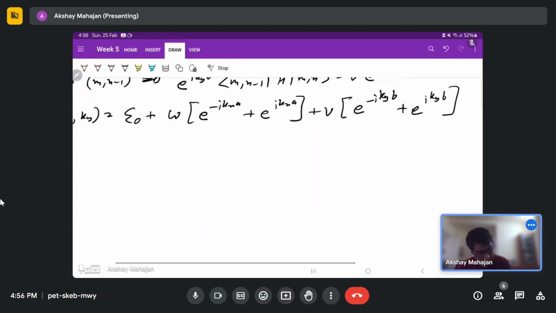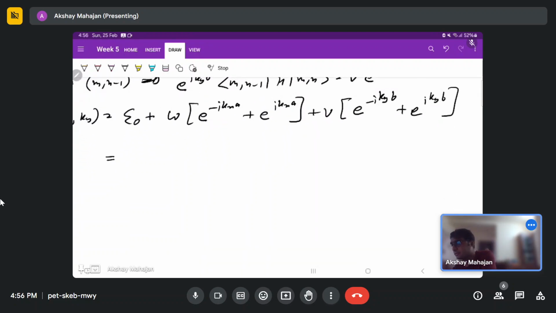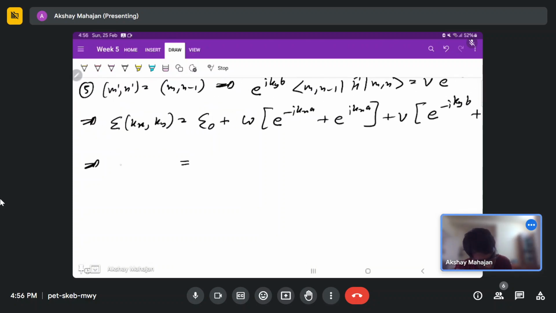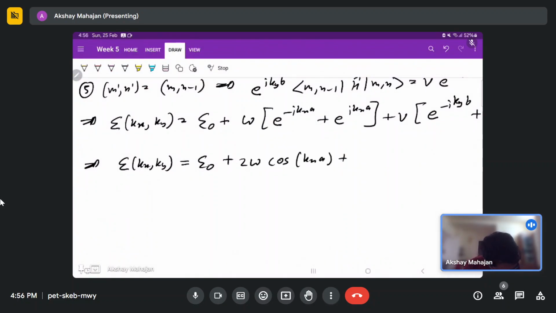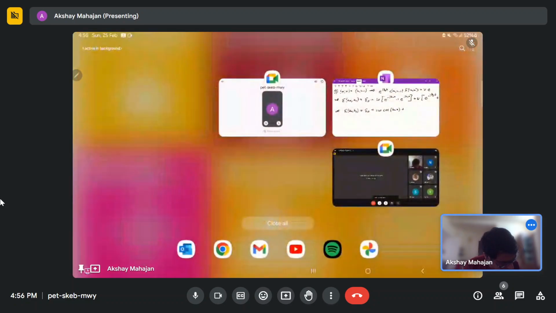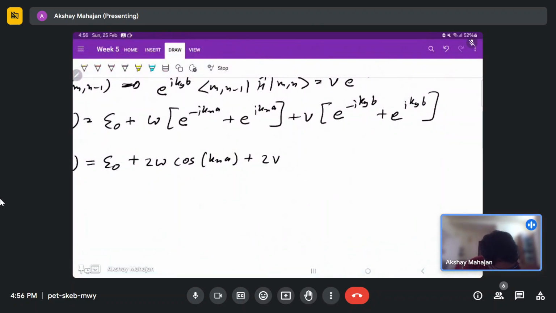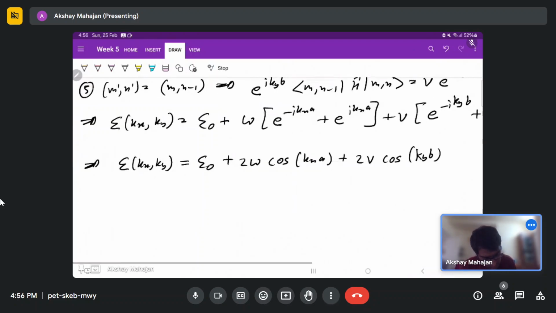Alright, so from here we get epsilon of kx comma ky equals epsilon naught plus 2w times cos of kx a plus 2v times cos of ky b, right? So this is going to be our answer.